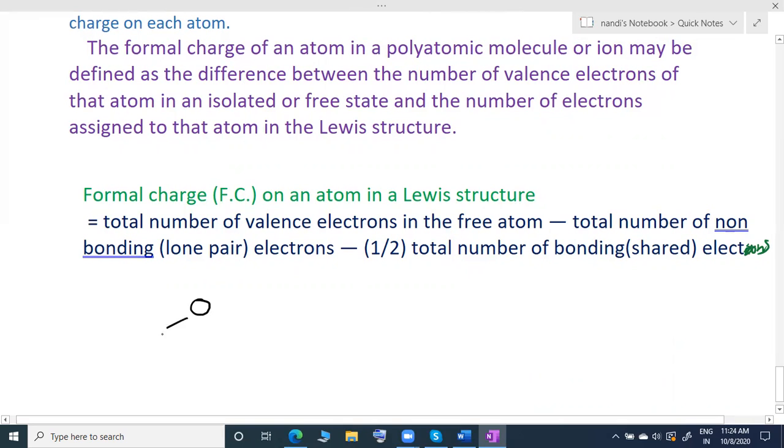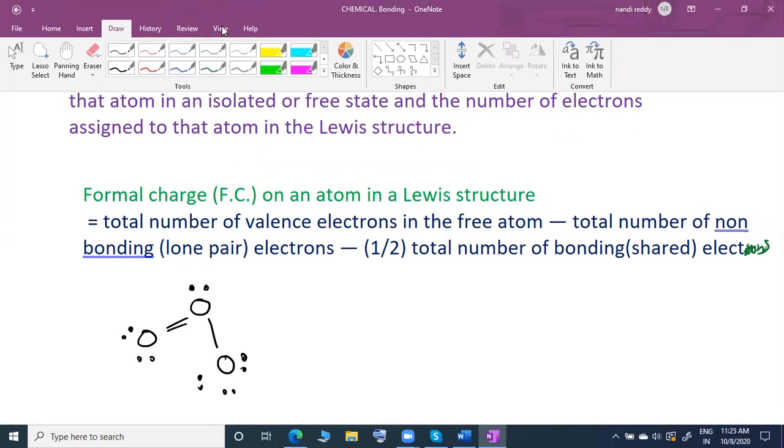Oxygen and oxygen. Here they gave only one lone pair, here 3 lone pairs of electrons, and here 2 lone pairs. So we need to calculate each oxygen's formal charge.